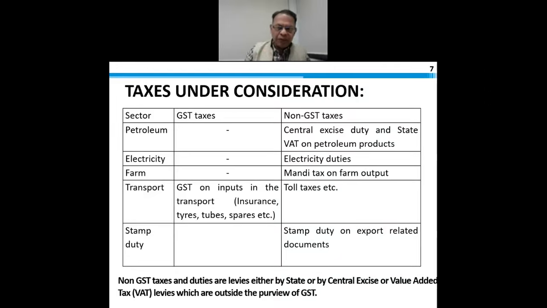Because I may be exporting the same product for which average FOB cost remains the same. But the distance of my factory from the port is different from my competitor. My competitor is 50 kilometers away from the port. I am 100 kilometers away from the same port. Another fellow is 200 kilometers away from the same port. Another fellow is 300 kilometers away.